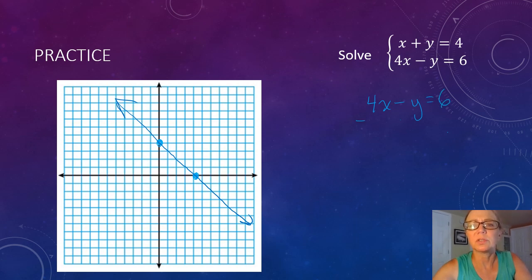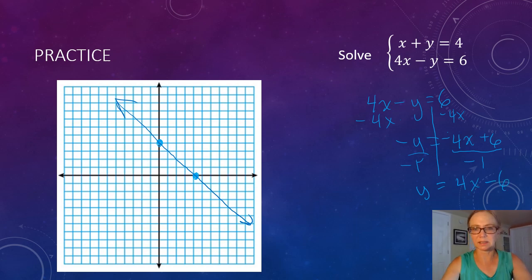I'm going to subtract 4x from both sides of the equation. I get -y equals -4x plus 6. And then I divide by -1 to get positive y. And -4x becomes positive 4x, and plus 6 becomes -6.